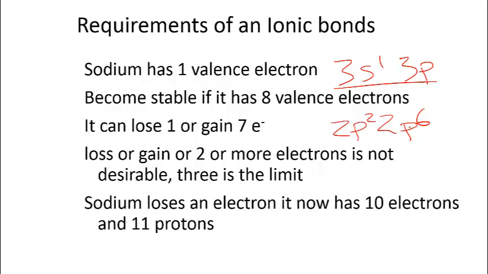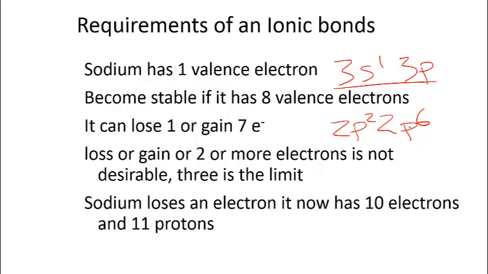Now, generally speaking, the loss or gain of 2 or more electrons is not desirable. In fact, gaining or losing 3 electrons tends to be the limit. You can't gain or lose any more than 3 electrons.